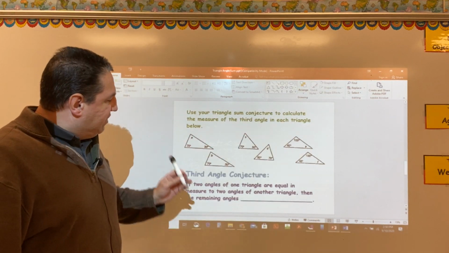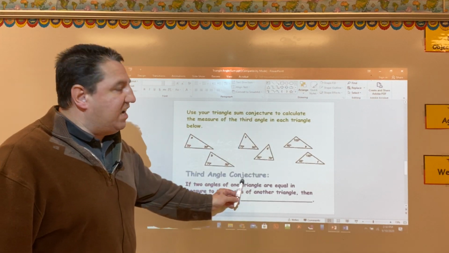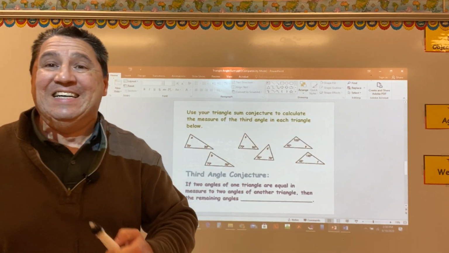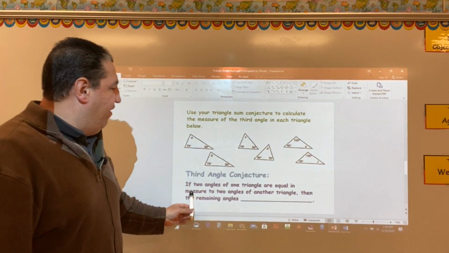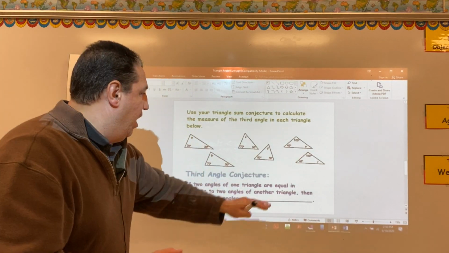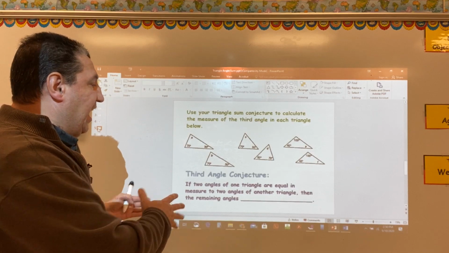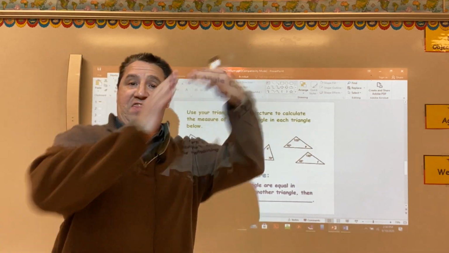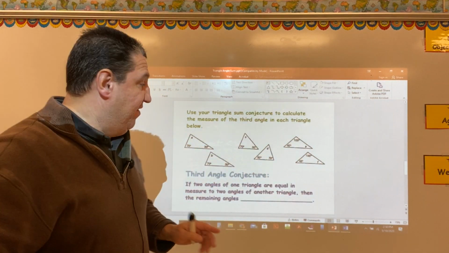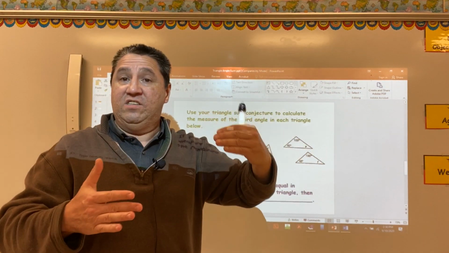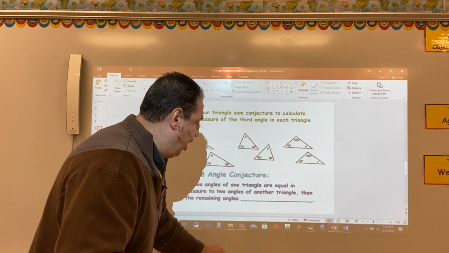Now, another example, another thing. We have the so-called third angle conjecture. What does this conjecture state? If 2 angles of one triangle are equal in measure to 2 angles of another triangle, then the remaining angles, the third angles, are automatically congruent.